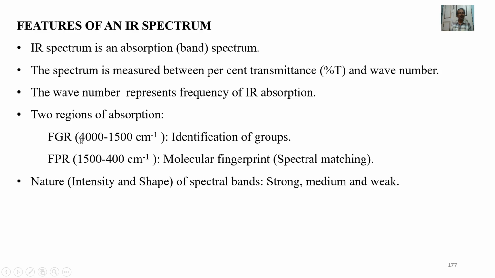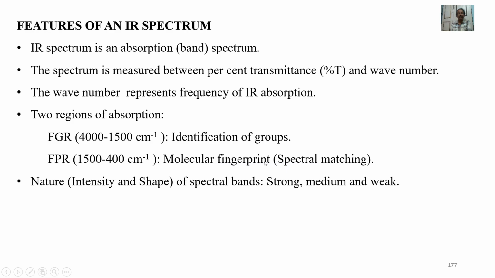One is the analytic region, another one is the fingerprint region. The analytic region lies between 4000 and 1500 per centimeter, used to identify the functional groups, and the fingerprint region lies between 1500 and 400 per centimeter.